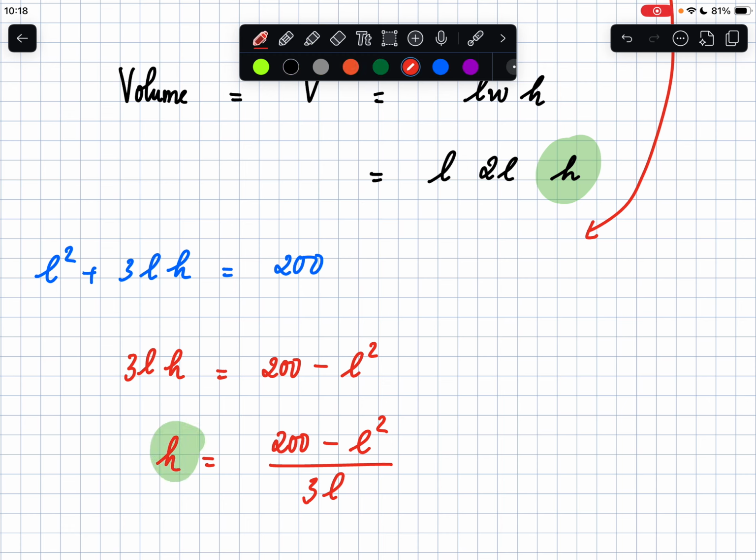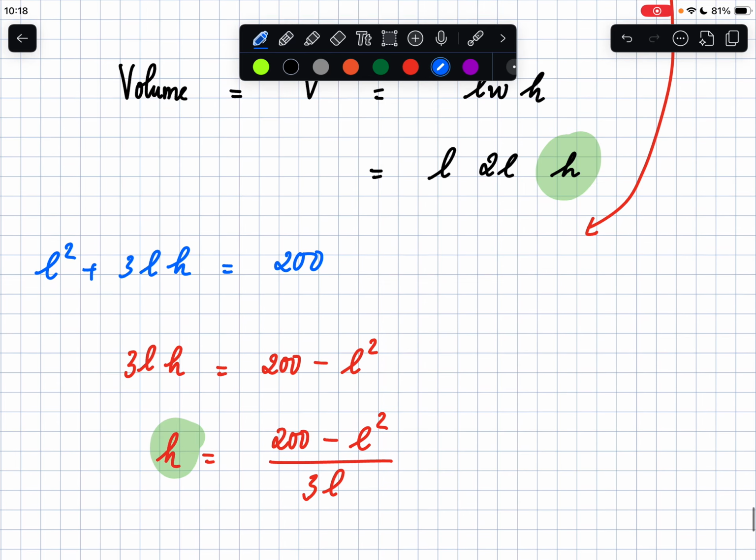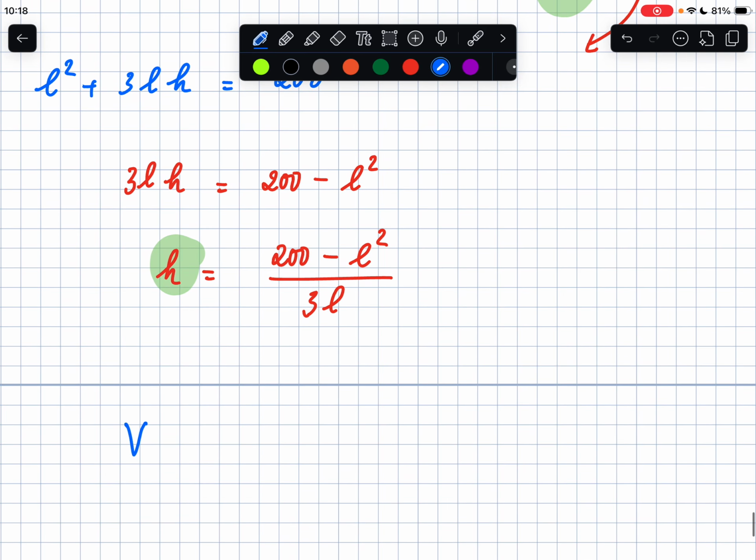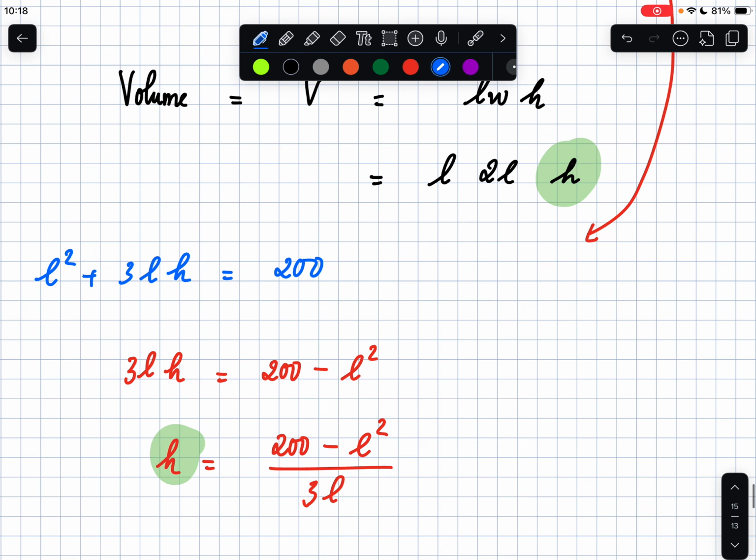So this gives us the volume. The volume is 2 times length squared times height.